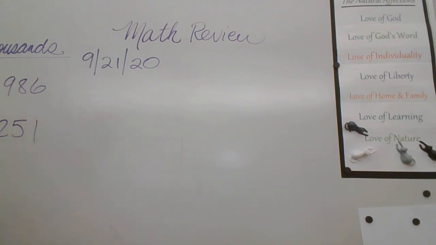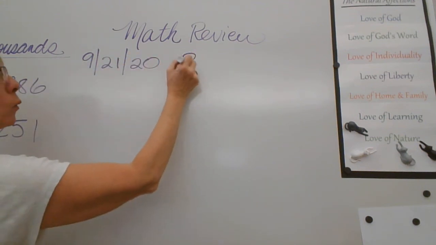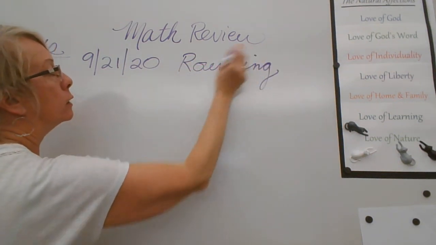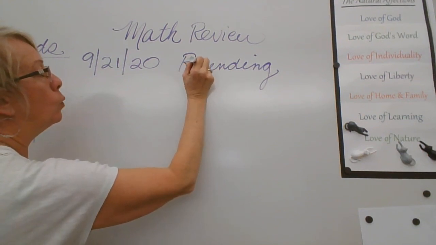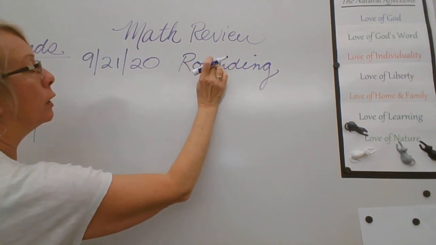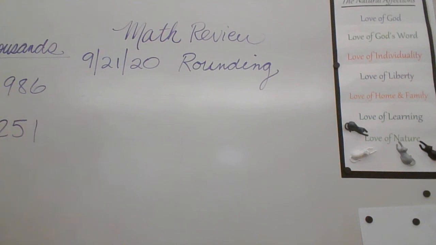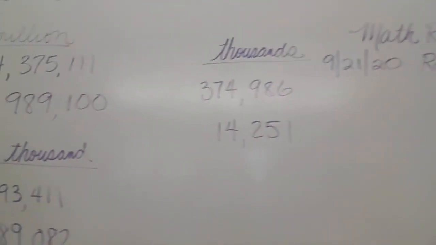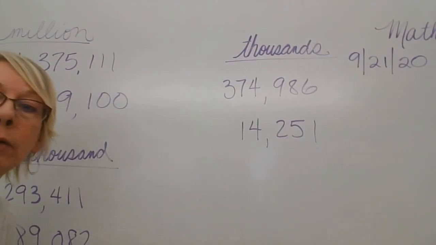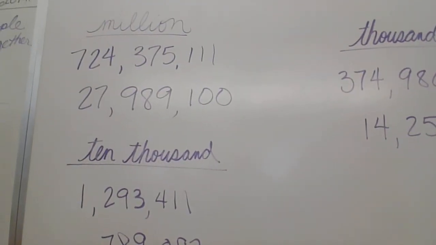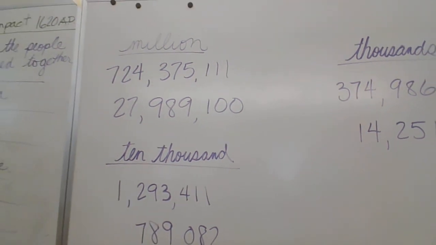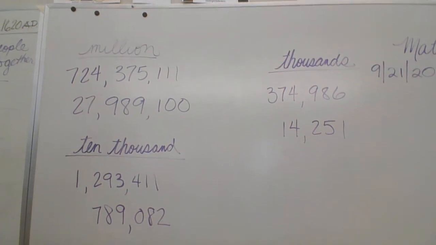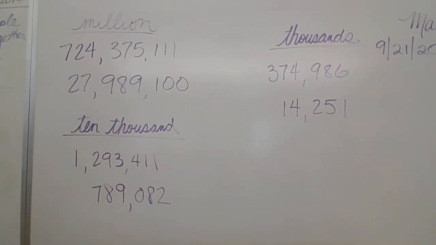And next to that, it should say rounding. And then these 6 questions. Rounding to the thousands, rounding to the millions, rounding to the 10,000s. So there's your full assignment right there. You can pause the video if you didn't get any of those and write those down.